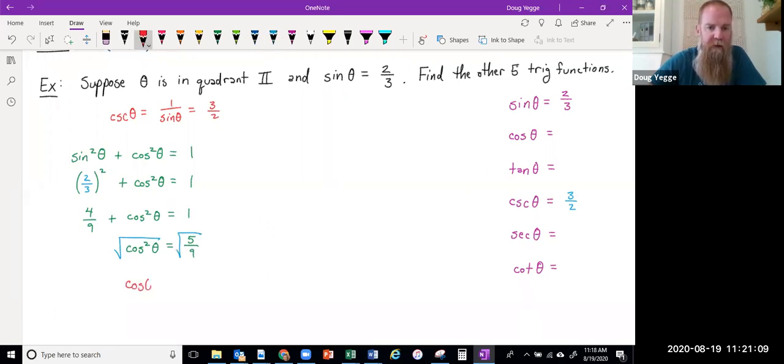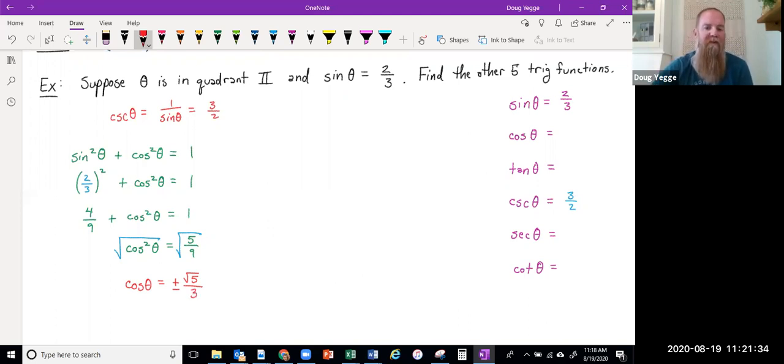Cosine of theta is equal, well, I take the square root of top and bottom and I get the square root of 5/9. But be careful, because when I take the square root of two sides of an equation, I've got to realize that the answer could be either plus or minus the square root of 5/9. I'm sorry, 5/3, because it's the square root of 9.